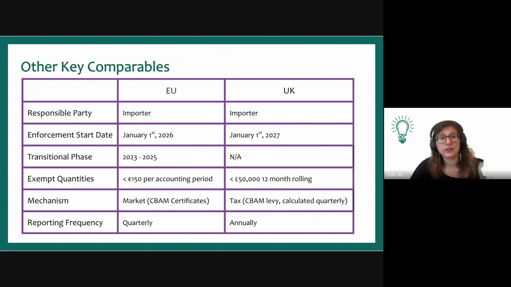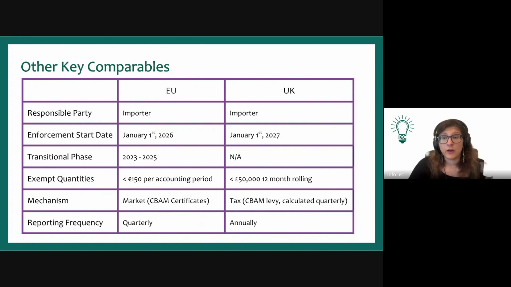Importers are being encouraged to set up CBAM accounts and report throughout this period so that they can get into the habit of collecting and reporting on that data. But from January 2026, they will need to pay the CBAM liability. Whereas in the UK, we're just going to start live from January 2027. There won't be a transitional period.